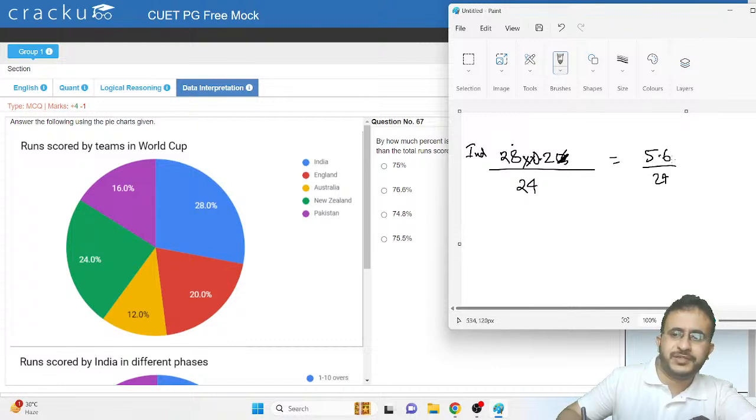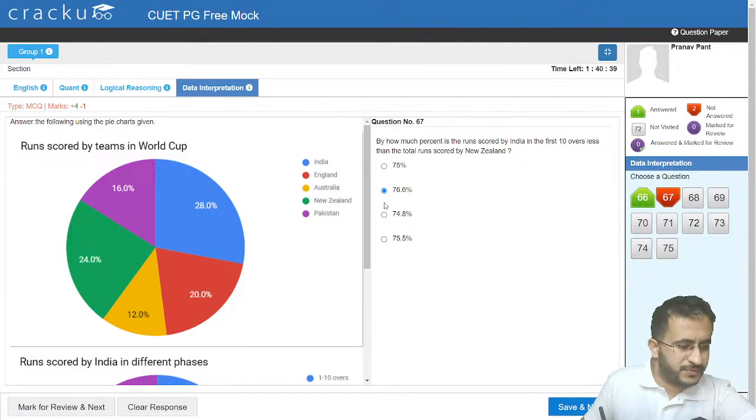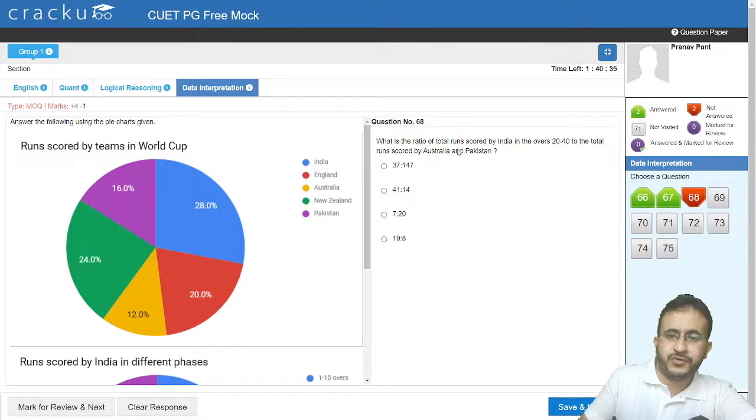You can calculate this, or you can take 560 by 24. 8 will cancel. We will get 70 by 3. So 70 by 3 is 23.33. So India 10 upon New Zealand is 23.33. It is asking how much less. So total is 100%. 100 minus 23.33 less is 76.6%. Okay. All right.